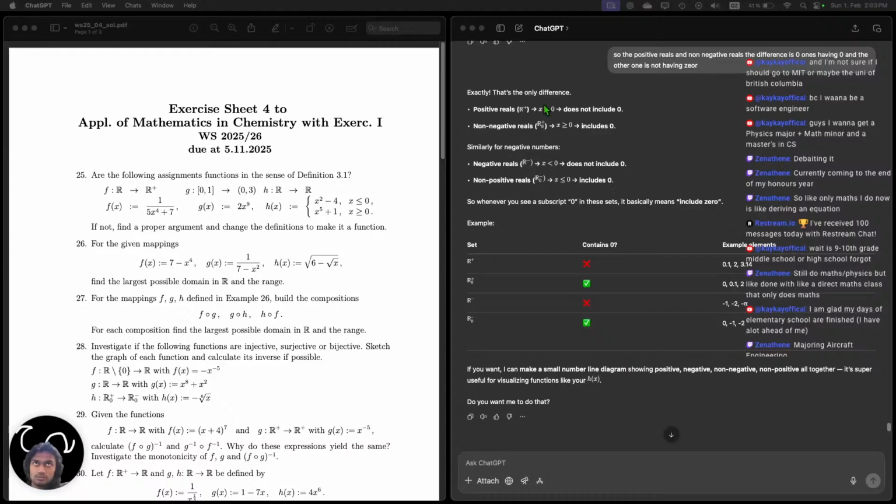Exactly. The total difference, positive, real, okay. Now I understood bijective, I understood injective, surjective, bijective. Okay.